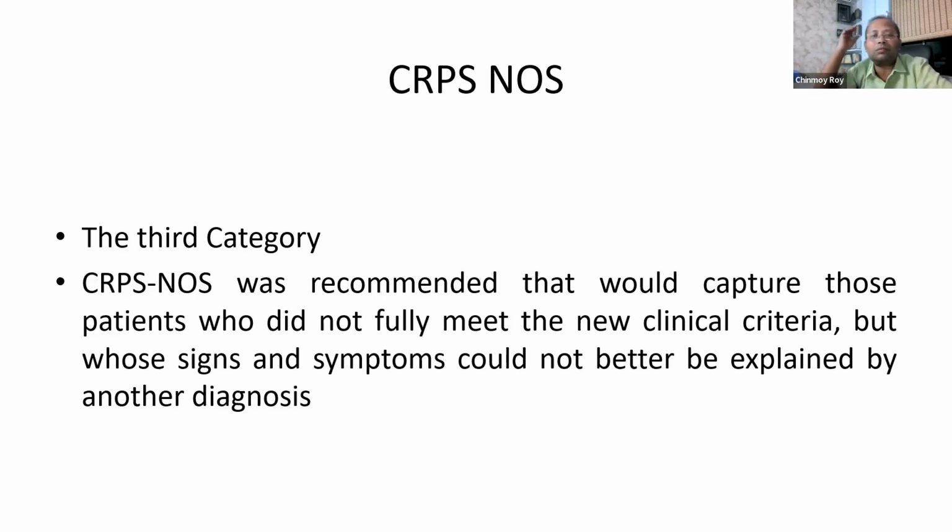This doesn't work. So a third category was introduced: CRPS NOS, not otherwise specified. If you have ruled out all the differential diagnoses and you see that a few symptoms of CRPS have started, meaning allodynia and hyperalgesia, and you feel it is likely to go to CRPS, then you can diagnose CRPS NOS. As soon as your diagnosis of CRPS comes, treatment of neuropathic pain follows.